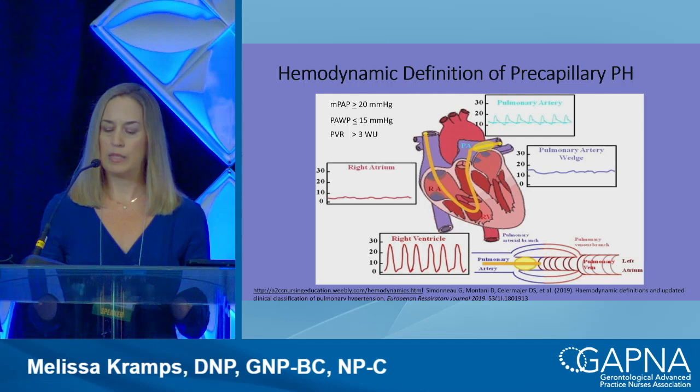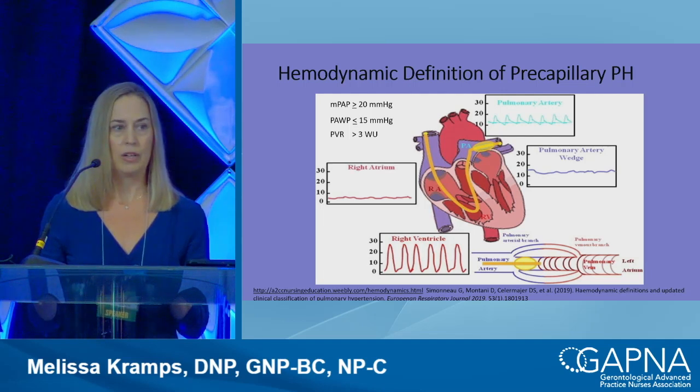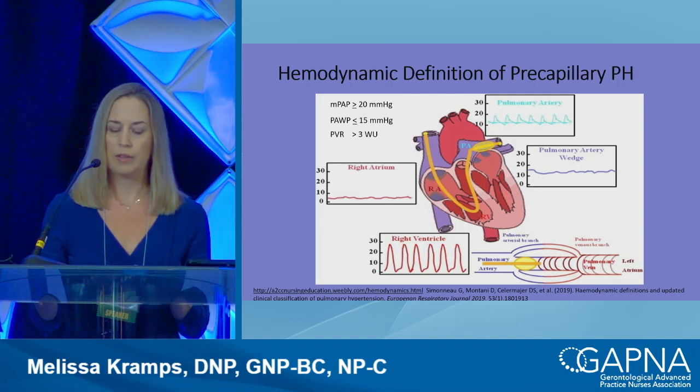Other measurements, such as the right atrial pressure, pulmonary vascular resistance, or PVR, which is the resistance the right ventricle must overcome to pump blood into the pulmonary arteries, and cardiac output, the amount of blood your heart pumps, are also very useful to determine how severe the pulmonary hypertension is.